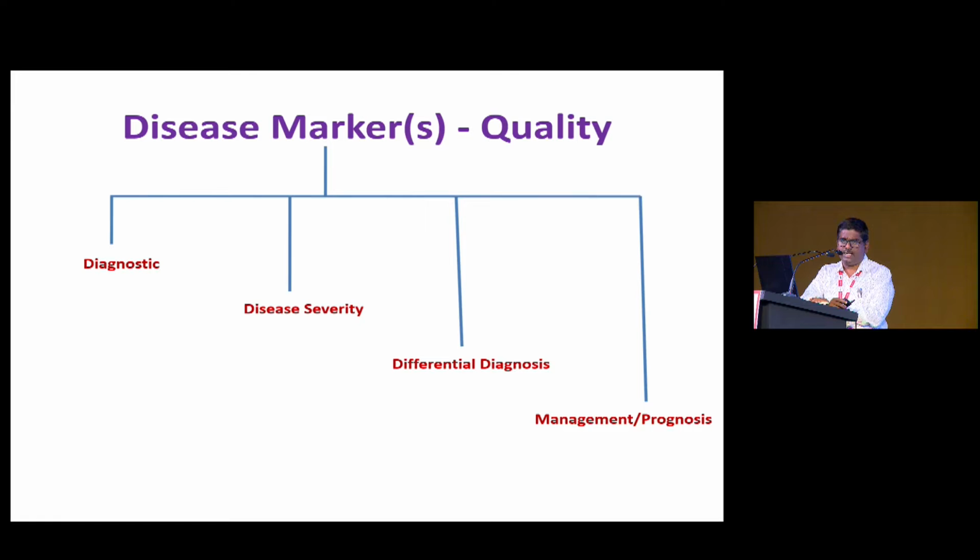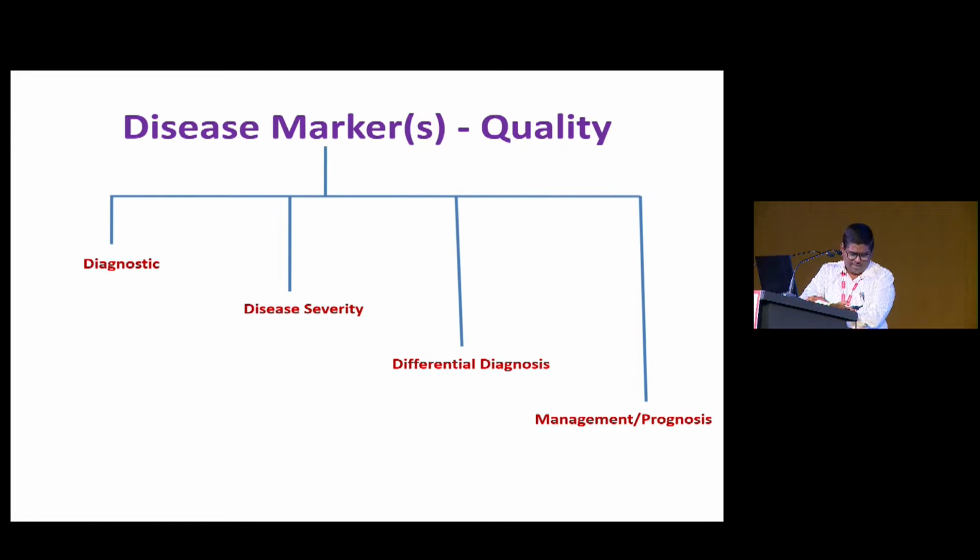The particular analyte or parameter will tell us the root cause so that we can treat based on the root cause. Next, the parameter should be able to tell us the success of the treatment as well as the prognosis. So these are some of the important qualities for a laboratory marker.